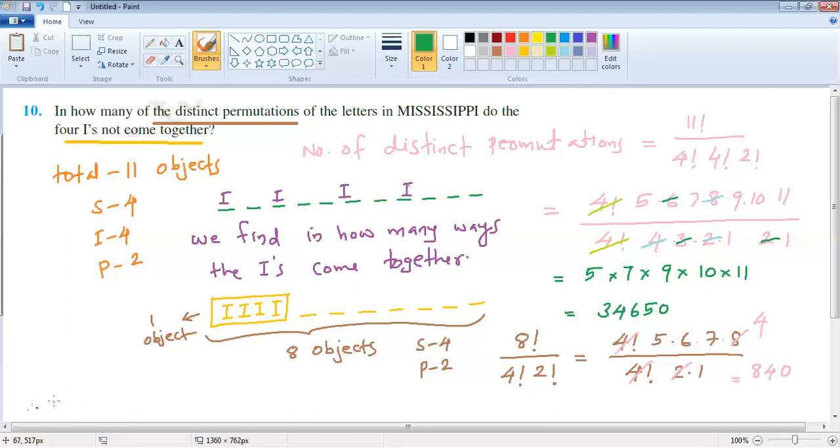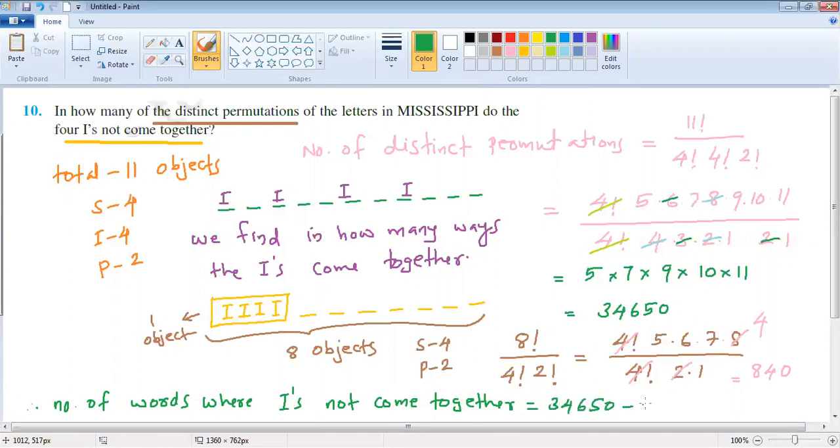Therefore, the number of words where i's do not come together is equal to 34,650 minus 840.